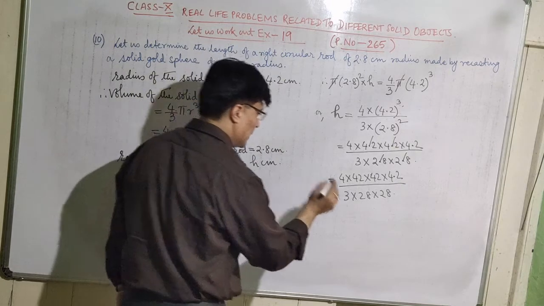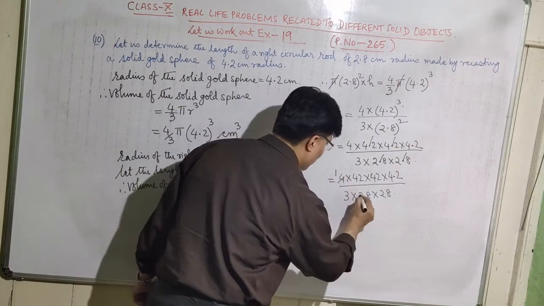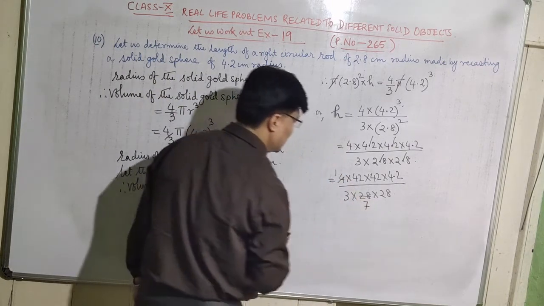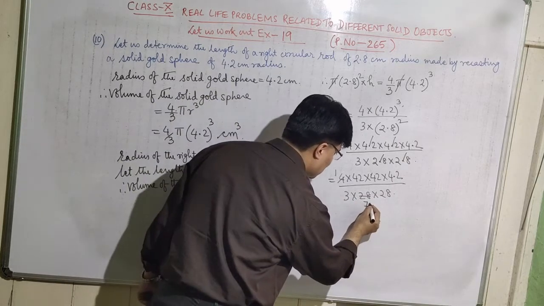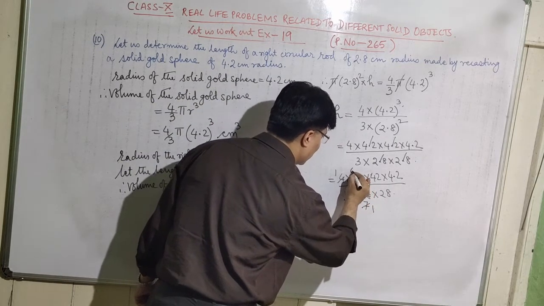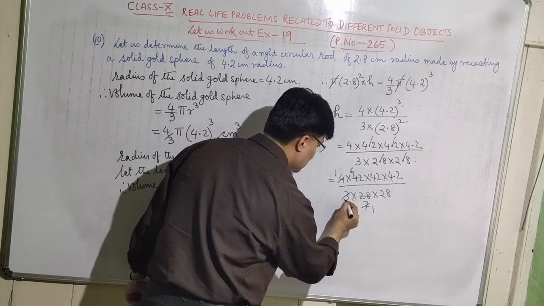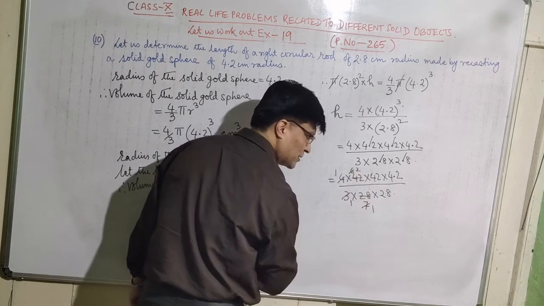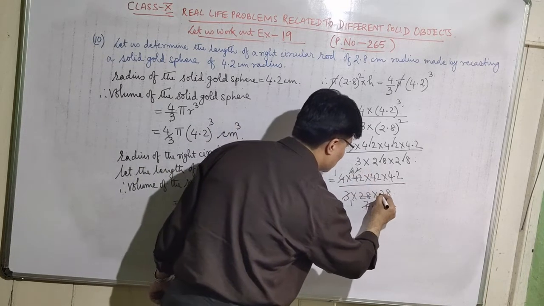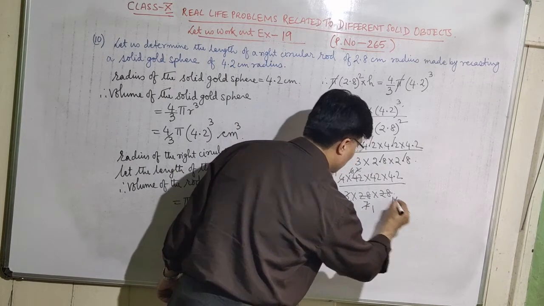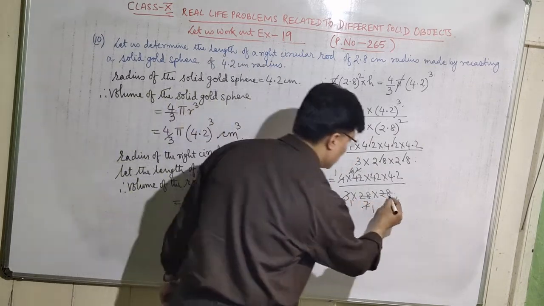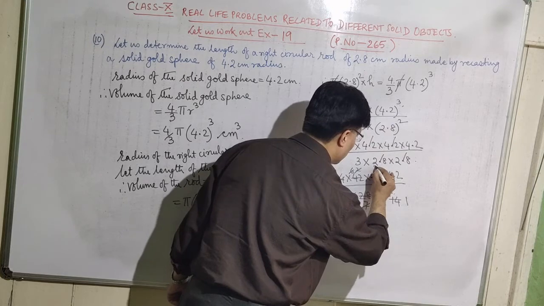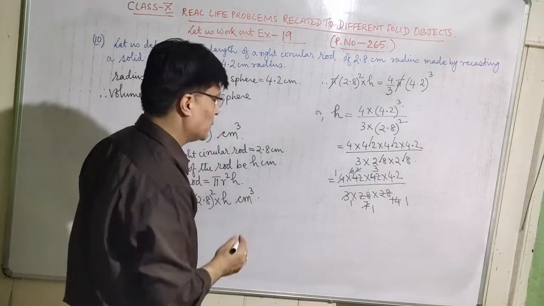Next, 4 ones are 4, 4 sevens are 28. 7 ones are 7, 7 sixes are 42. 3 ones are 3, 3 twos are 6. 2 ones are 2, 2 14s are 28. So 14 ones are 14, 14 threes are 42, right?